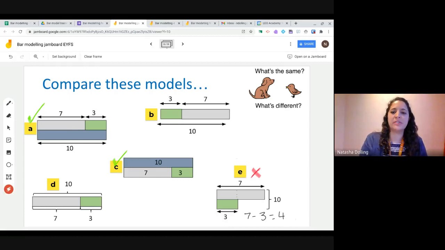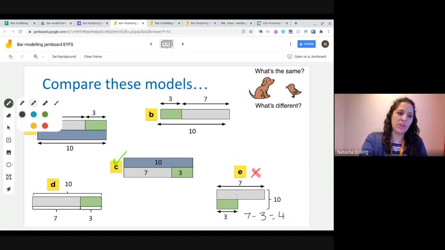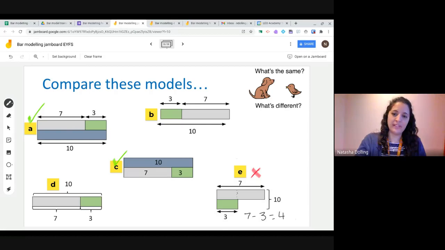Obviously, it's not incorrect that 7 add 3 equals 10, and they are the whole together, and that's not wrong. But if we think about the structure and the layout of this bar model, 7 is actually the whole in this bar model, and 3 is a part, and we're trying to find out this missing part here.